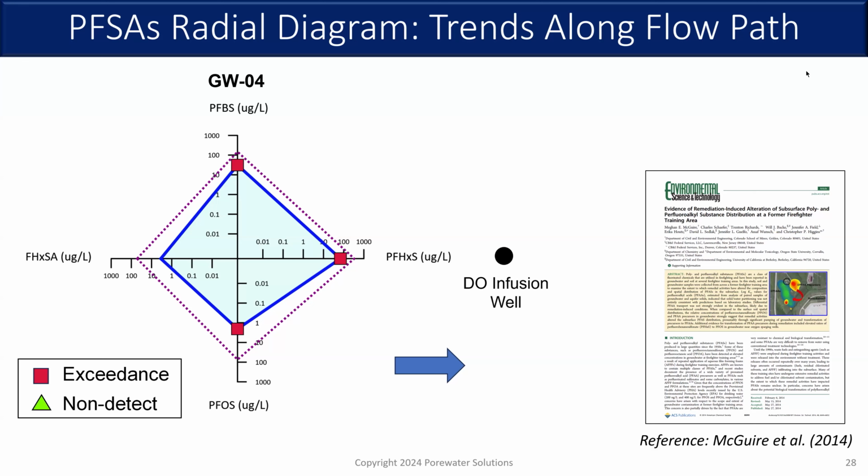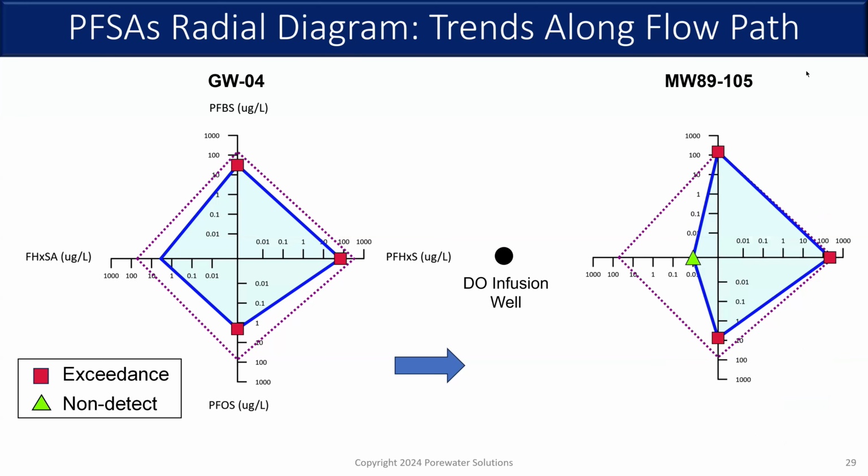This process of the dissolved oxygen infusion causing precursor degradation was well noted in McGuire et al. from 2014. Excellent paper. And just to show you a downgradient well as an example, we can see the precursor has dropped orders of magnitude in concentration downgradient of where that dissolved oxygen infusion well is located, and it's now non-detect, which we can tell by the symbol.